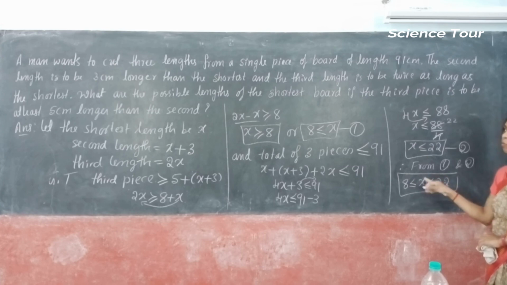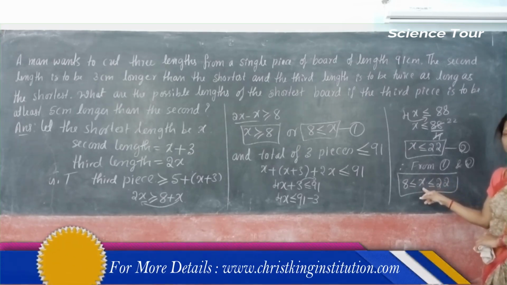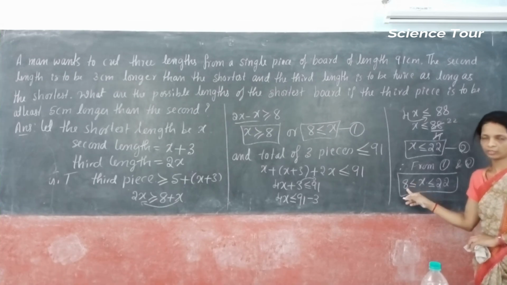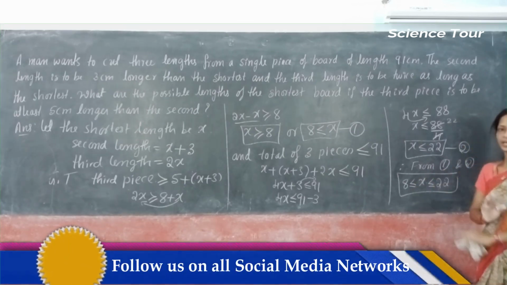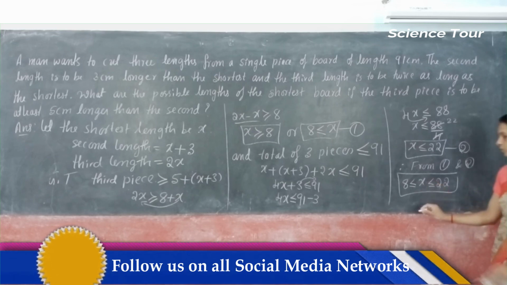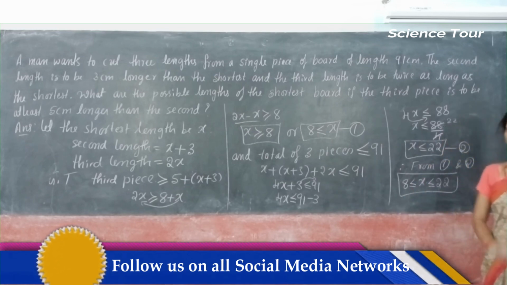So these are the possible lengths of the shortest piece, okay. Shortest piece we taken as x, that should be less than or equal to 22, greater than or equal to 8. Greater than or equal to 8 and less than or equal to 22, you can take any value for x. So this is the answer.